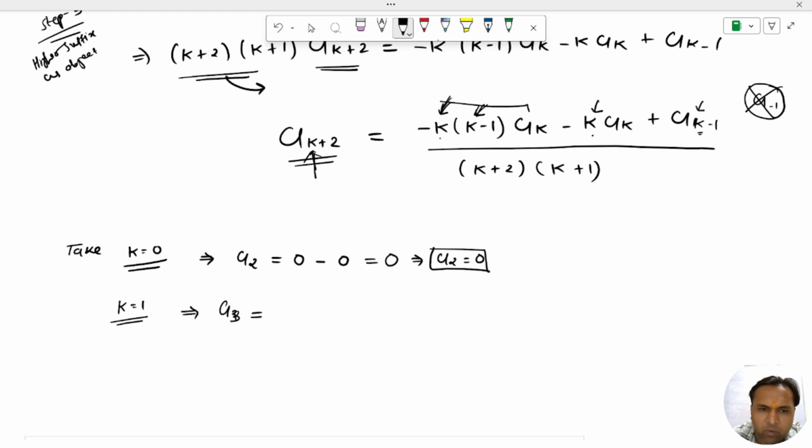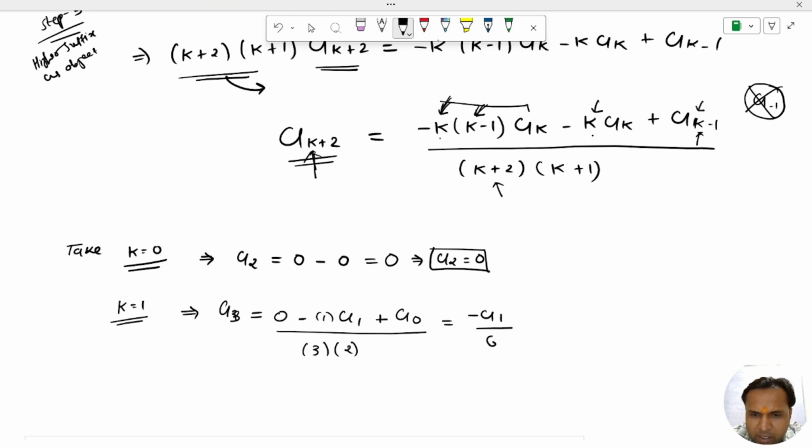And here with k equal to 1, it's a0 minus 1 into a1 plus a0 upon 3 and 2. So what is my final answer? That is my minus a1 by 6 plus a0 by 6. So whenever you have a3, you have to substitute minus a1 by 6 plus a0 by 6.